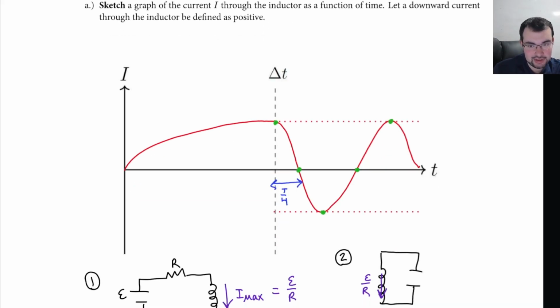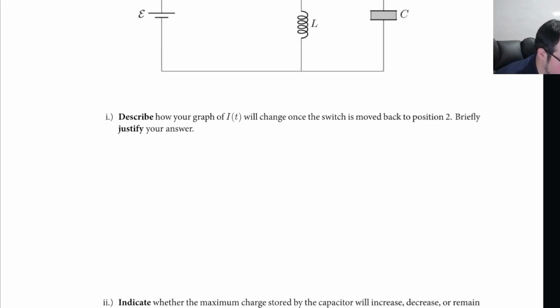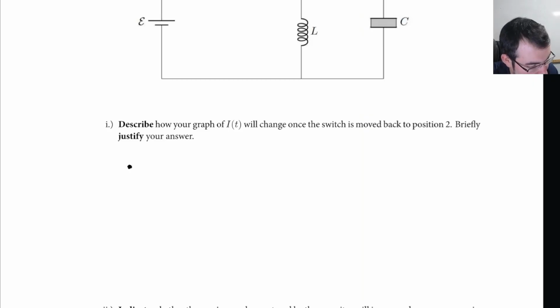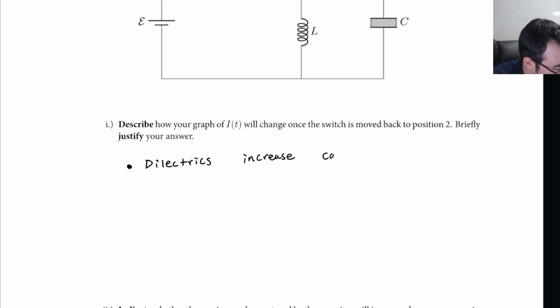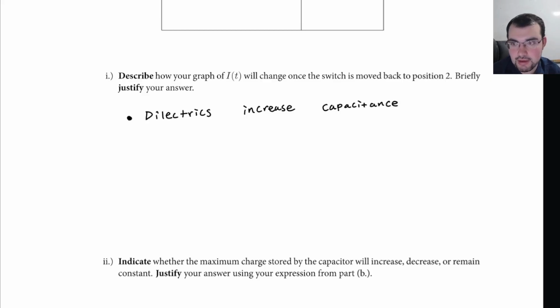So what does a dielectric do? Our fundamental thing that a dielectric does is dielectrics increase capacitance. So let's say that. Dielectrics increase capacitance. Oh, that's an awful spelling. Oh man. Dielectric.